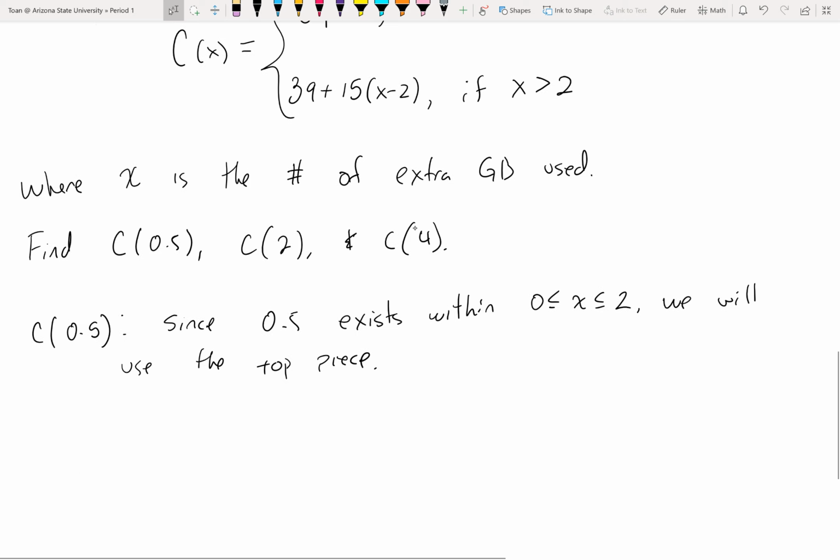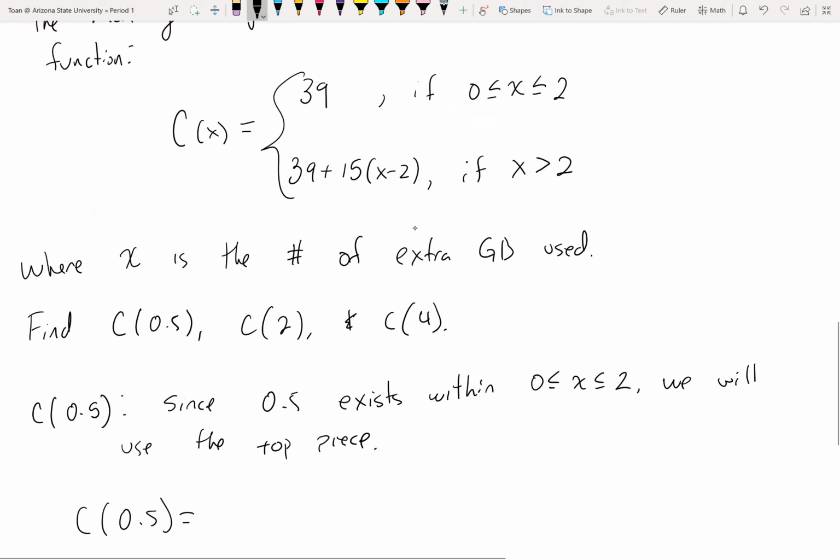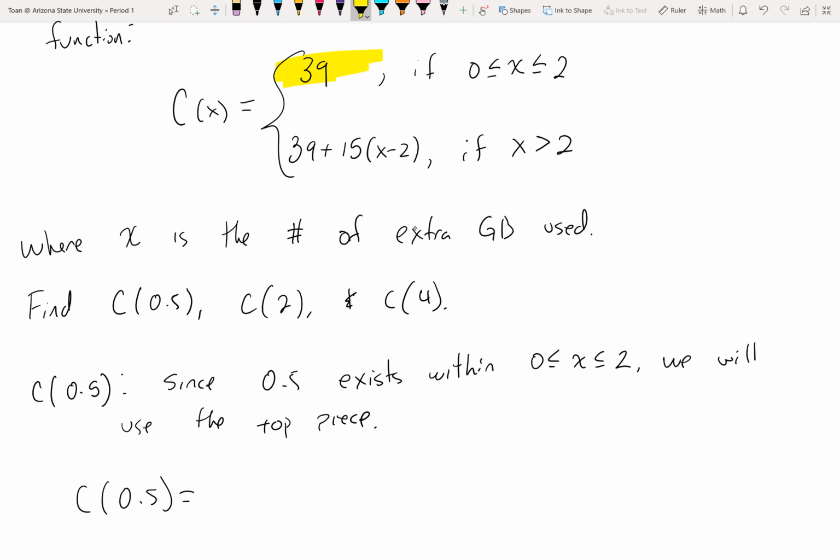Okay, so C of 0.5 equals, then all you got to do is plug it into the top function. Is there a place for me to plug in an x in the top function? No, it's a constant function. So guess what C of 0.5 is? 39. Just 39. If I use 0.5 of a gigabyte, according to the plan, I'll pay $39.